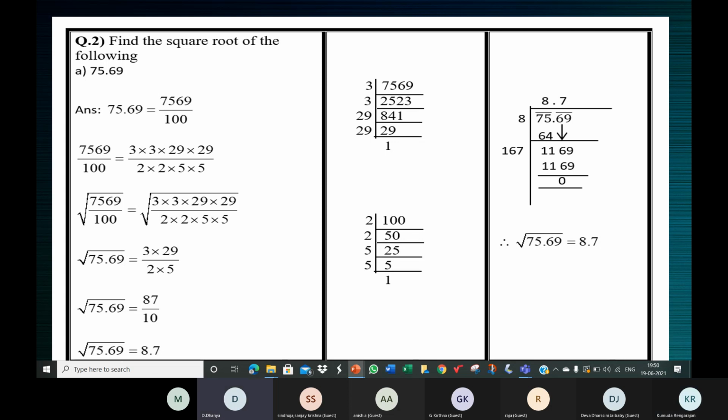Okay, ma'am. After finishing prime factorization, shall I send you, ma'am? Yes, you're right. Ma'am, can I say the long division method? Let's just finish this one first.